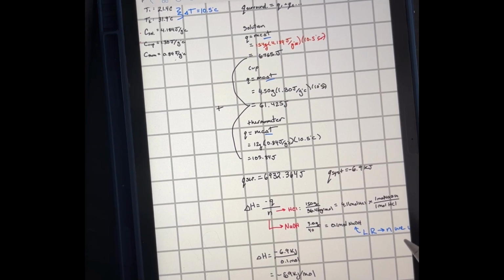Our N value is 0.1 though. Right, we have 4.0. It's not even, it's 1.